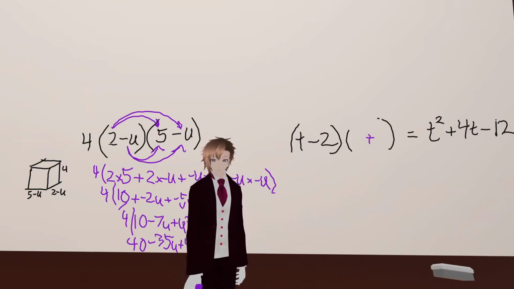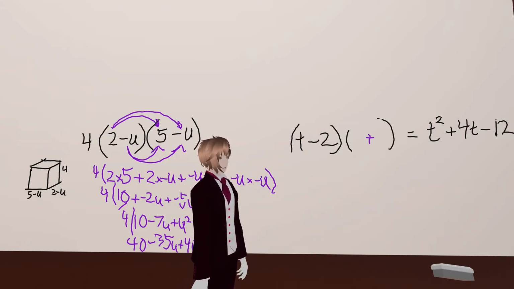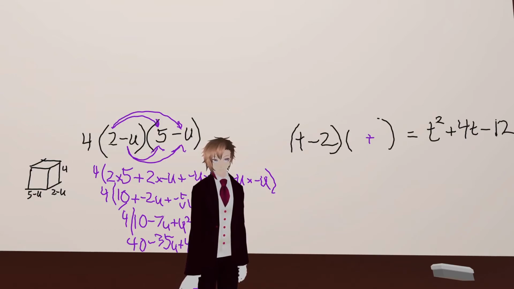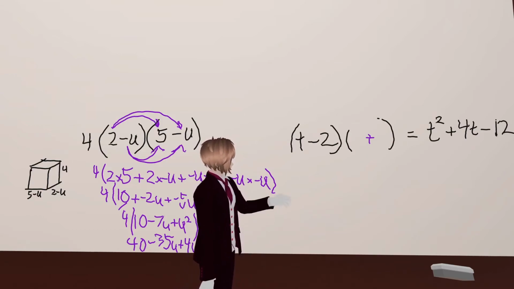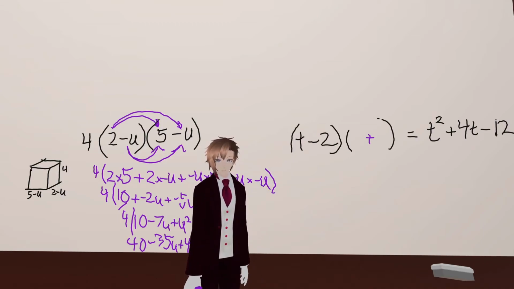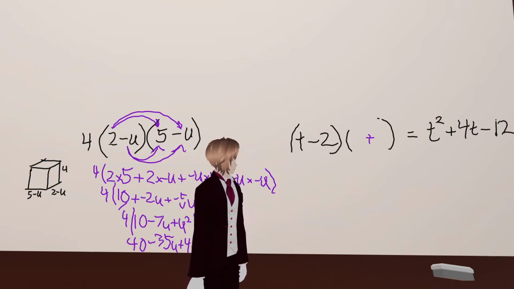In this example, we're missing our second bracket, but we do have the answer. When we are expanding binomials, the easiest way to figure out what we're missing is to have a look at the number that's at the end and have a look at the pronumeral at the front.